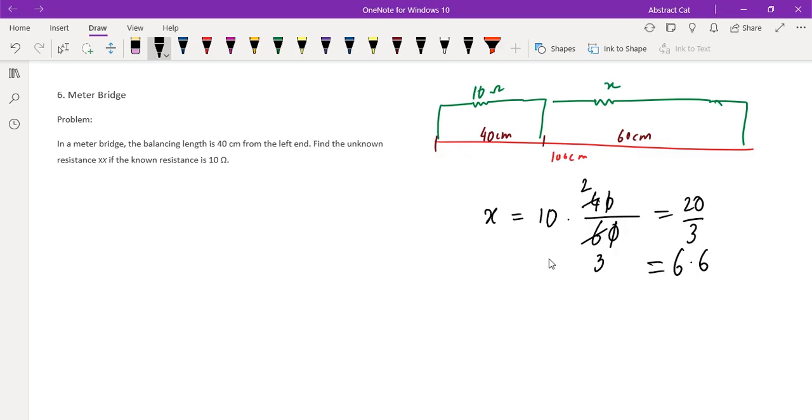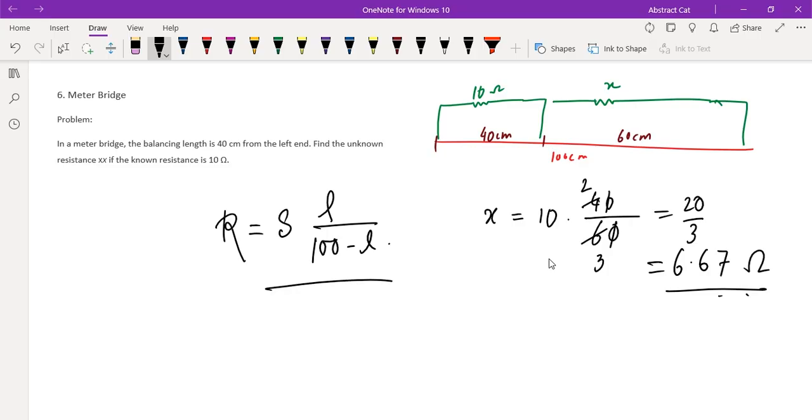So 6.67 ohm. Okay. The actual formula is X equals R times L by 100 minus L. That's the unknown, and there is a known resistance. That's the basic formula of the meter bridge.